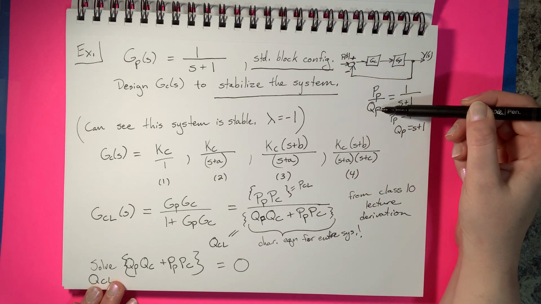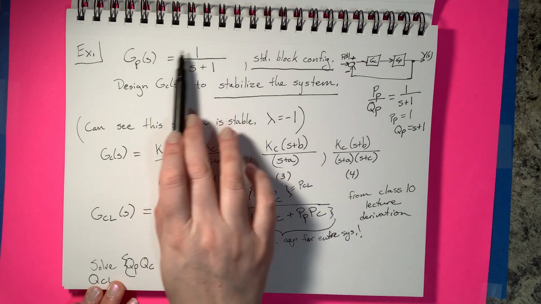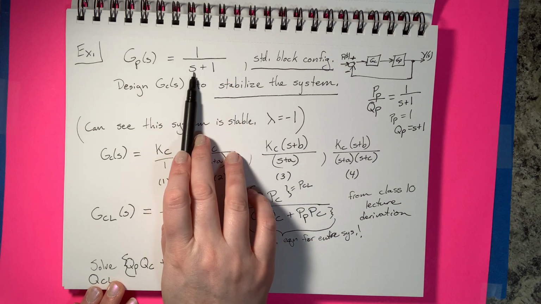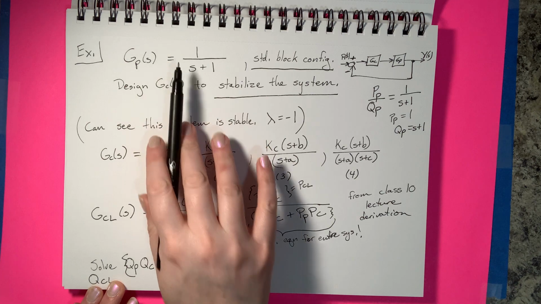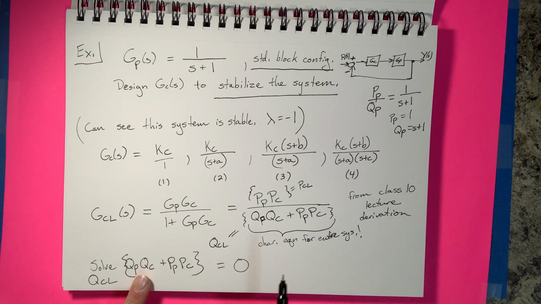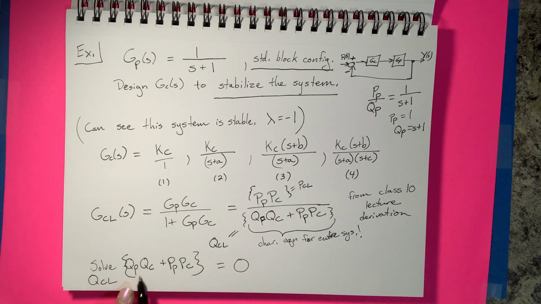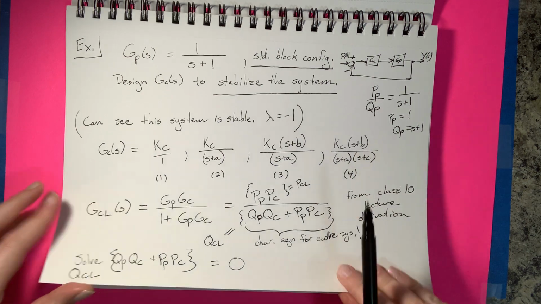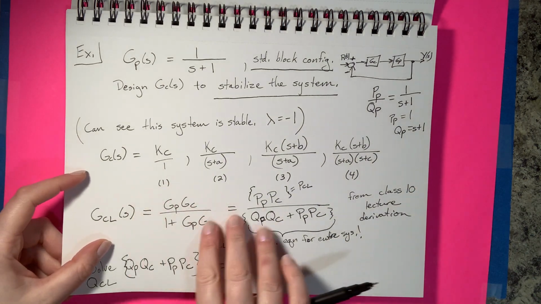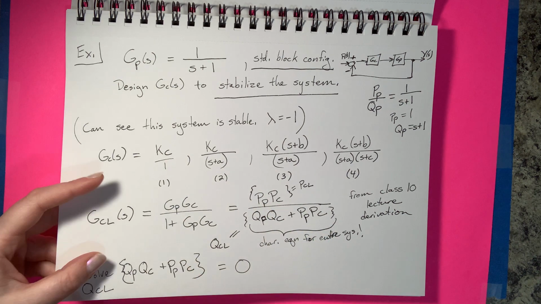The sub P equations will not change because those depend on your plant. Your plant is given to you as part of the problem, and the plant doesn't change. But QC and PC are the ratios of the compensator block, what you're designing. These are going to change every time. So as you go through each of these trial designs, you'll want to repeat writing out what these are. So let's try, and I'm going to show you the procedure to determine if this works or not. Let's try trial design number 1.